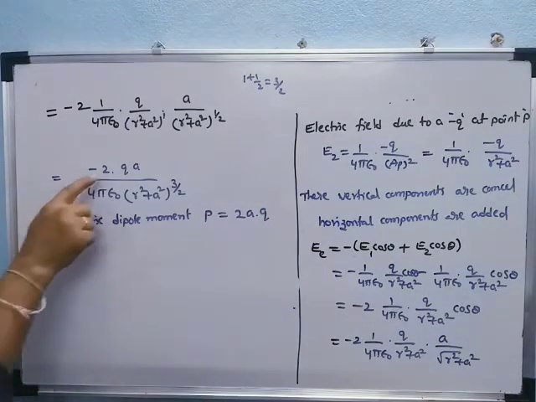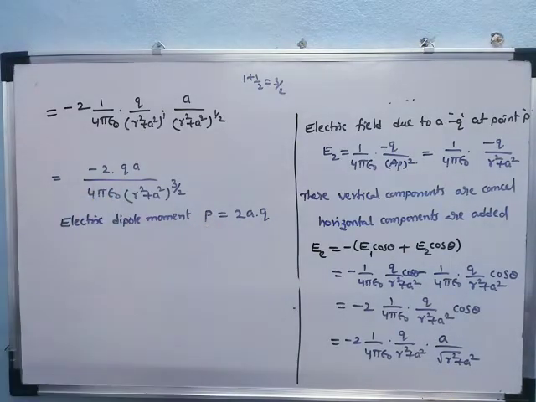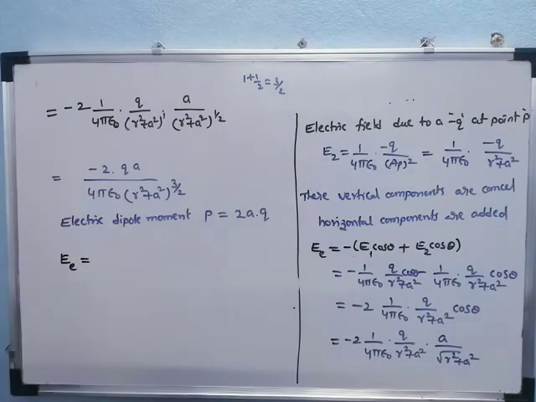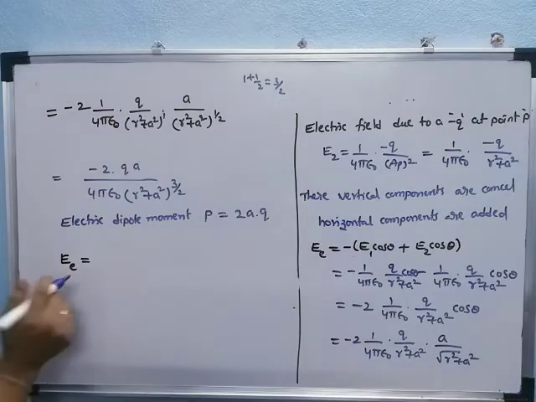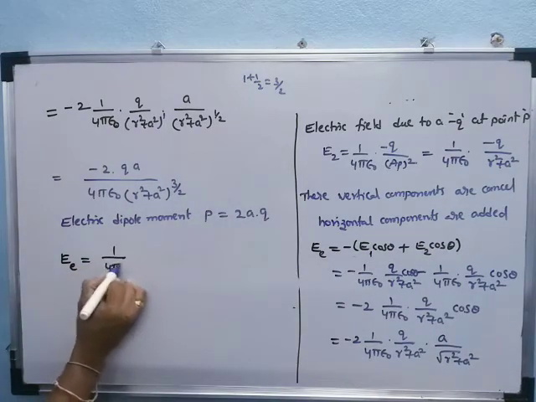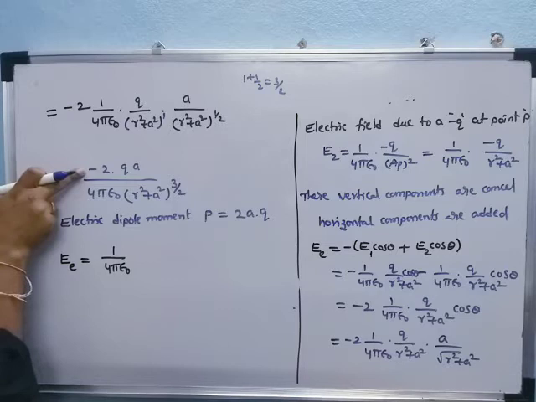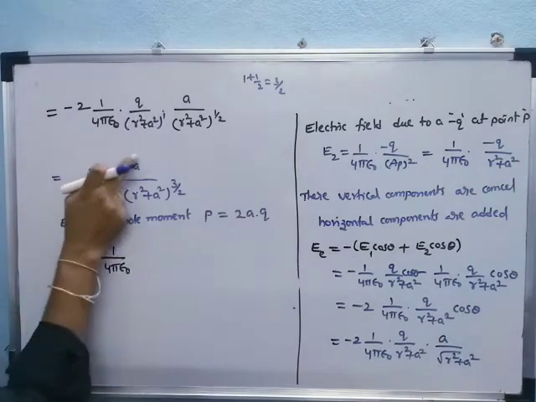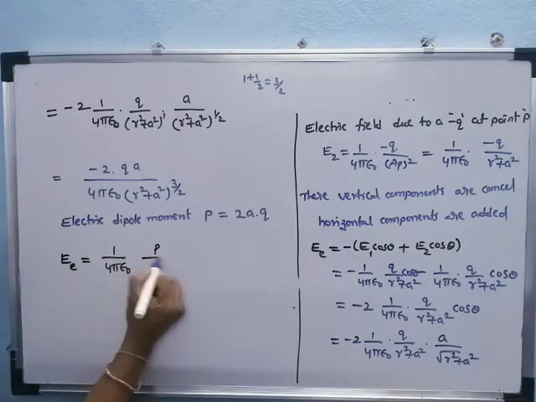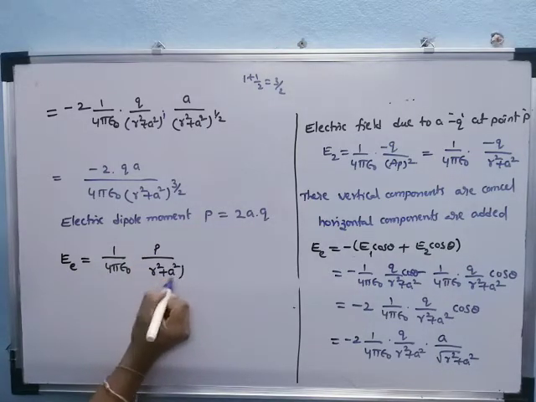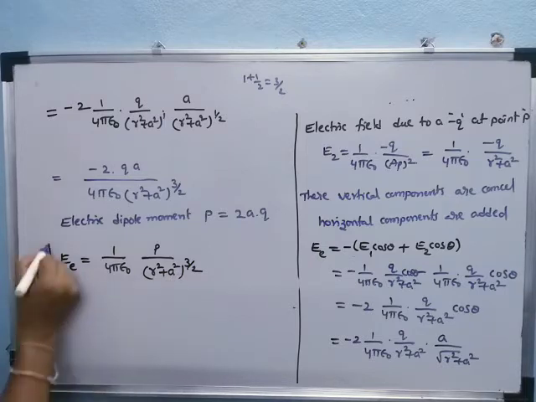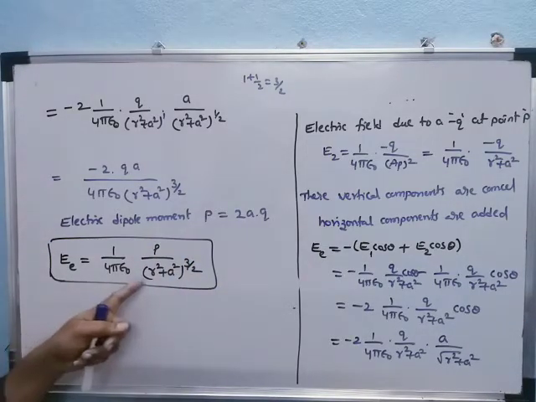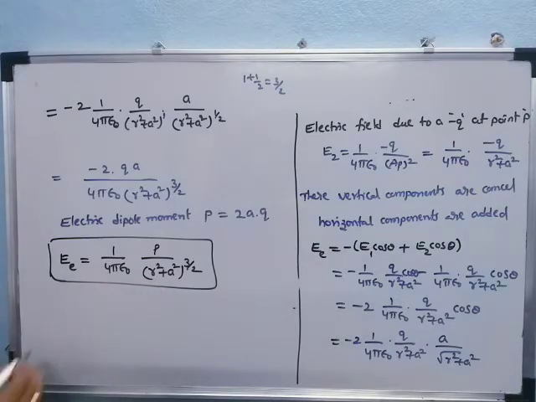So the intensity of electric field along the equatorial line is E = 1 by 4 pi epsilon naught into P by (r square plus a square) whole to the power 3 by 2. When we take the magnitude, the negative is converted to positive. This is the formula for the intensity of electric field along an equatorial line.